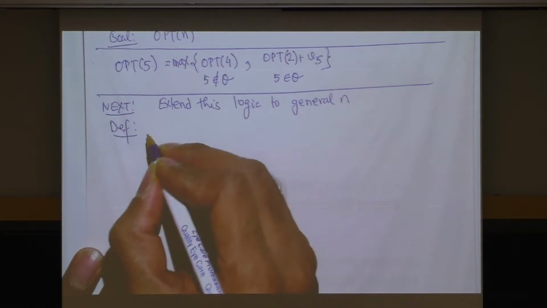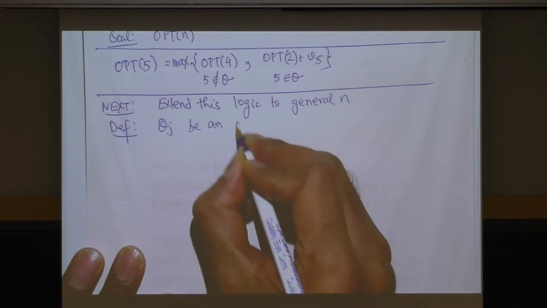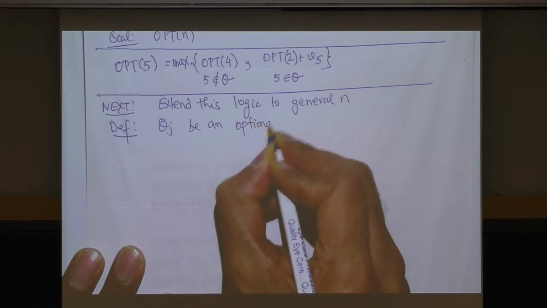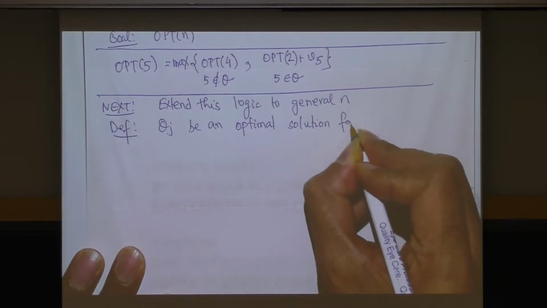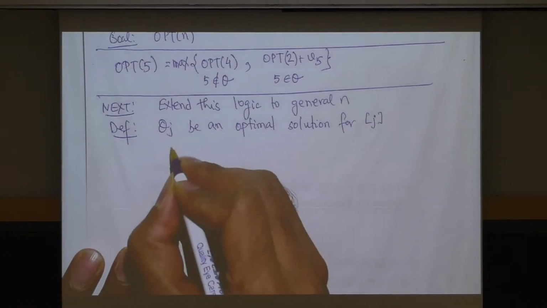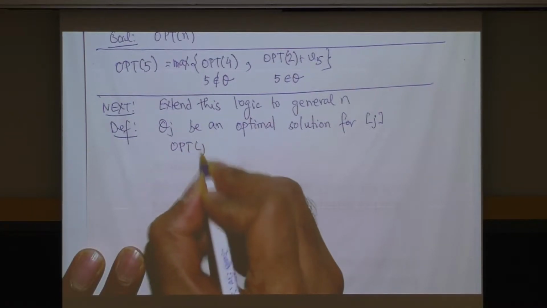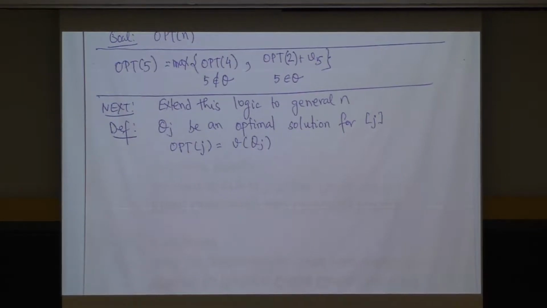So let O of j be an optimal solution for the inputs on the first j intervals. And then note, by definition, this implies opt of j is just the value of this O of j. Okay. All right.